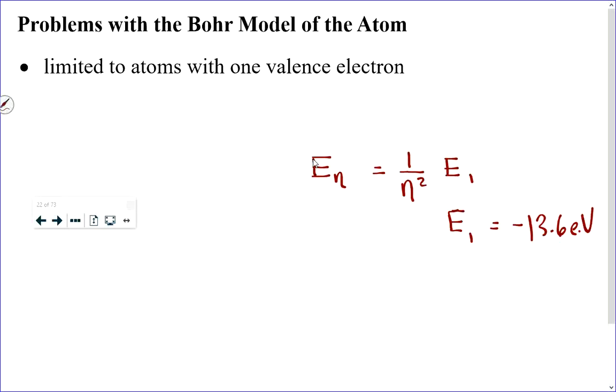So if I were to put 1 in for n here, I would have 1 over 1 squared times negative 13.6 eV. That's what I would get. Go ahead and put negative 13.6 eV in for E1 and use n equals 2. So you're going to take 1 divided by 2 squared times negative 13.6.